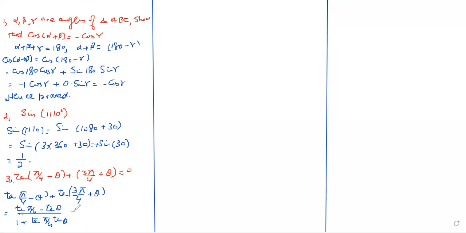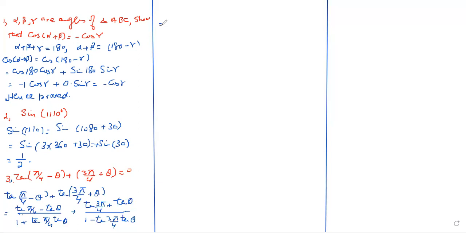For the plus sign, we have tangent 3 pi by 4 plus tangent theta, divided by 1 minus tangent 3 pi by 4 tangent theta.